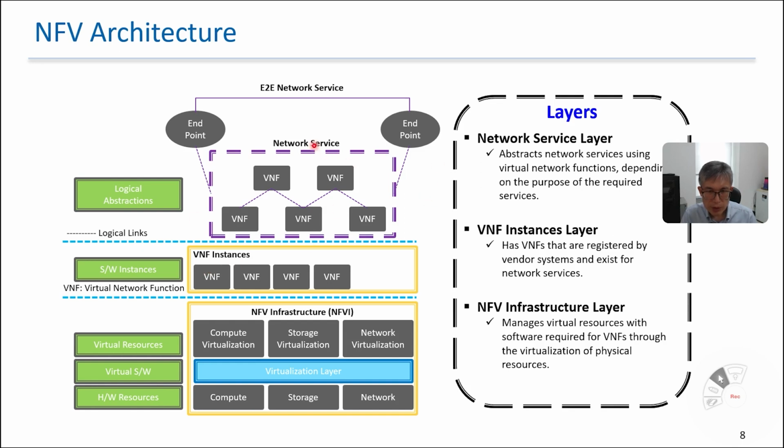You can see one network service makes multiple VNFs. They are interconnected using virtual links, or logical links. Examples include security services, including firewall, replica, and distributed denial of service, DDoS attack mitigation.